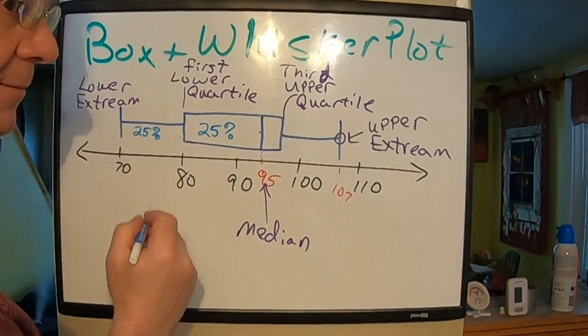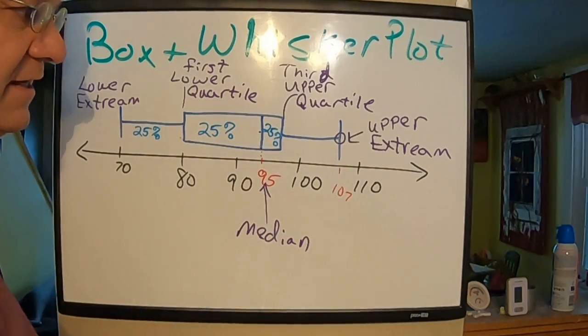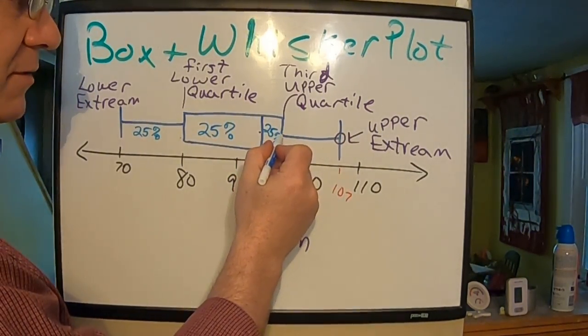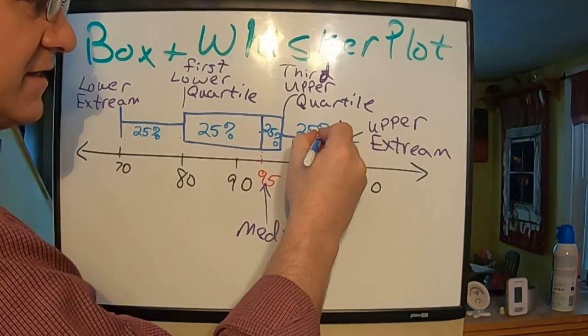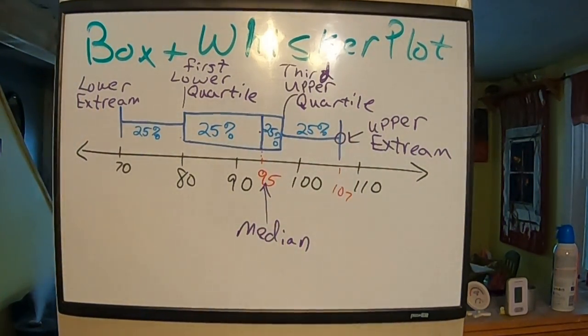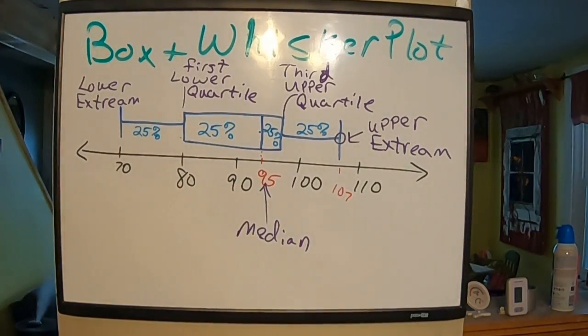From the median to the upper end of the box is also 25% of the data. And from the upper box to the upper extreme is also 25% of the data, which makes a lot of sense since we're talking about all of it, 1, 2, 3, 4 25s is 100% of the data.